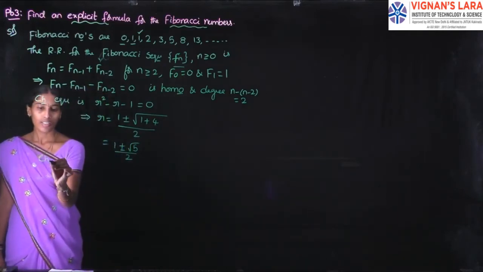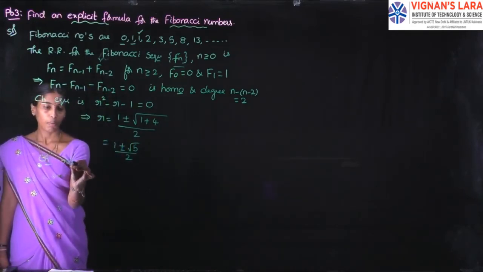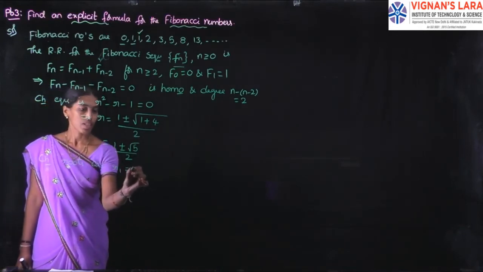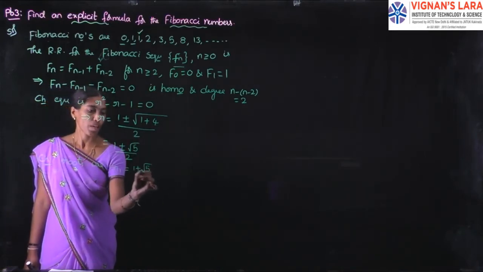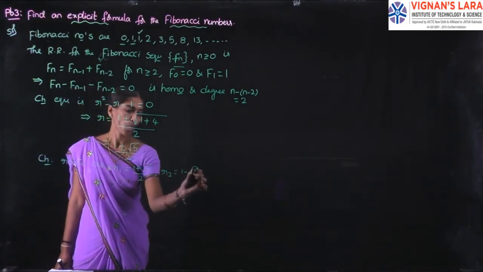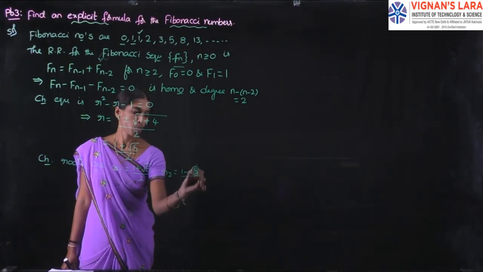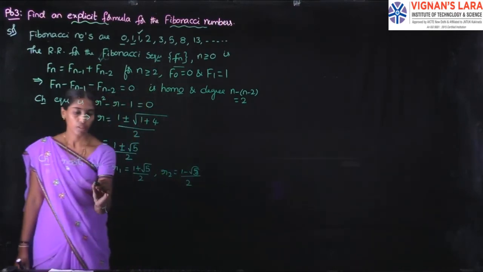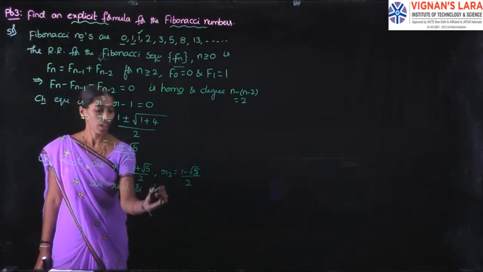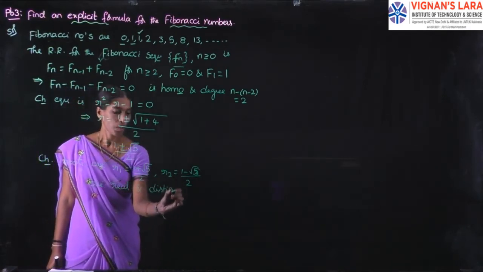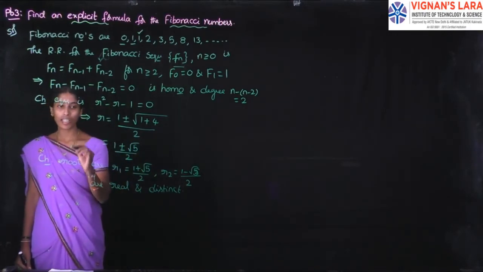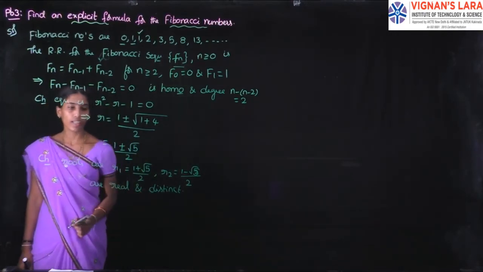So the characteristic roots are r1 is equal to 1 plus root 5 by 2, and r2 is equal to 1 minus root 5 by 2. These are real and distinct roots, right? Because both roots do not contain any imaginary i, both are real and distinct.